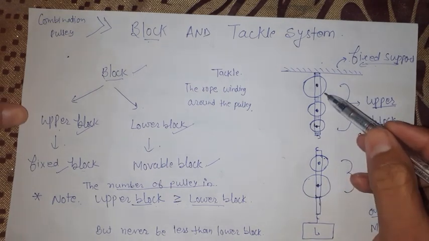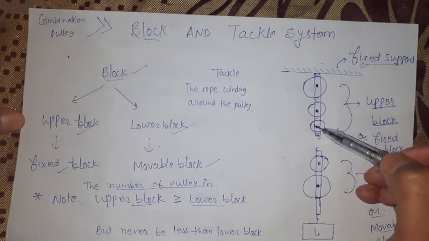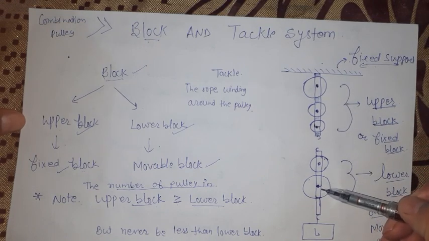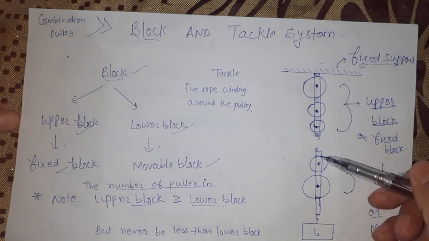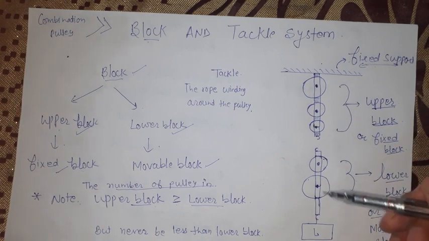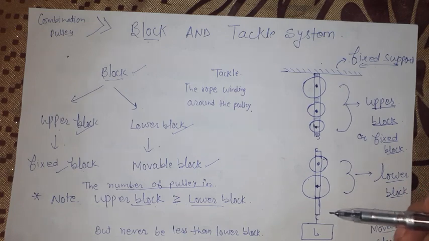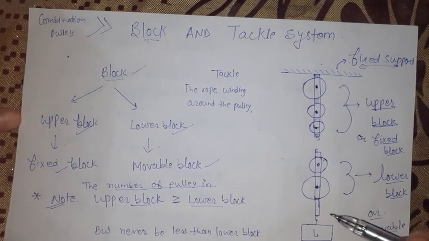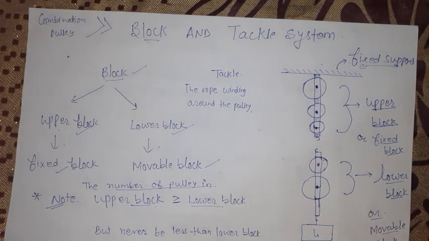Here you will observe there are three pulleys in the upper block and two pulleys in the lower block. So the maximum in the lower block should be three, but it should not be four. Therefore note that the number of pulleys in the upper block must be equal to or greater than in the lower block.